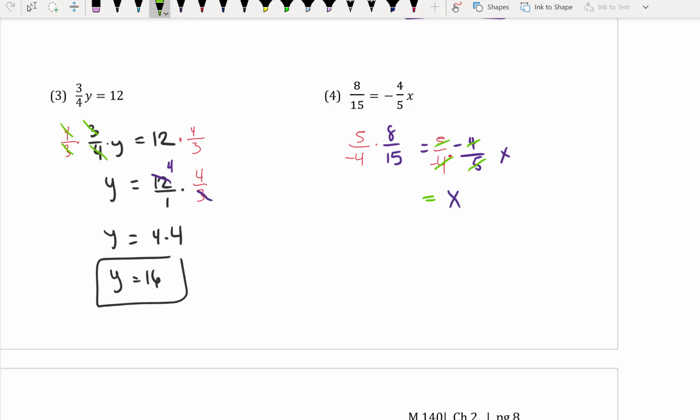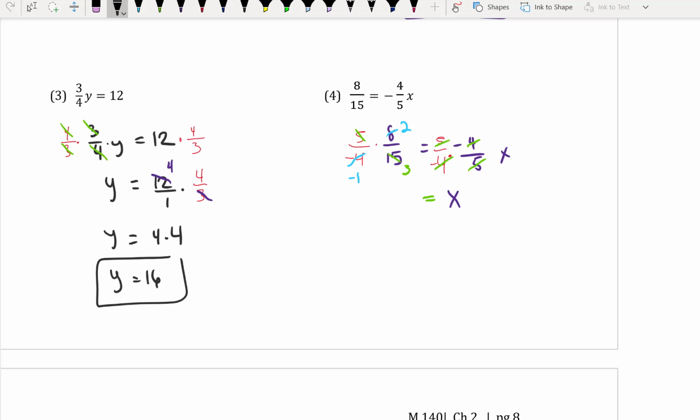Now you can think of it as, well, 5 goes into 15 3 times, and I have negative 4. Actually, let's try that again. Negative 4 divided by 4 is negative 1. And 8 divided by 4 is going to give me a 2.